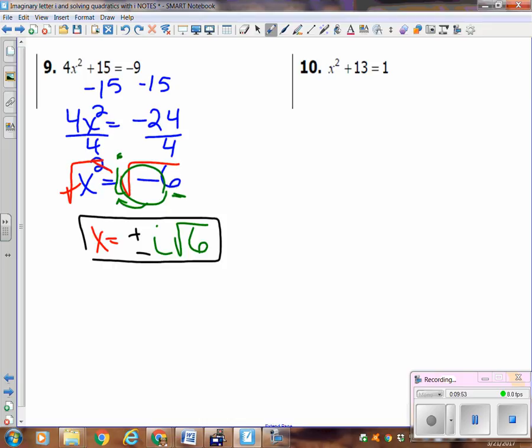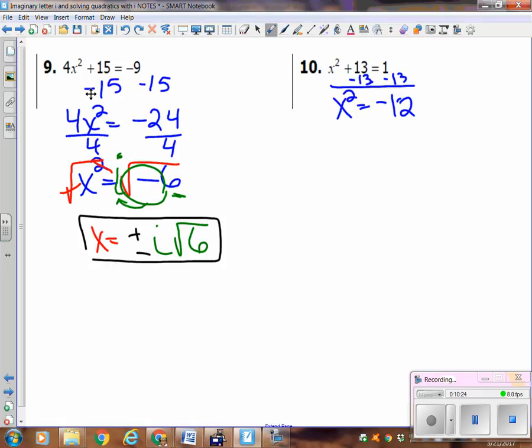Hey, is your mind blown now? Not too bad? Okay. So we are revisiting the square roots method because we have no middle term. None of these will factor. Okay, number 10. I'm going to try to get x squared by itself, so subtract 13. x squared is equal to negative 12.